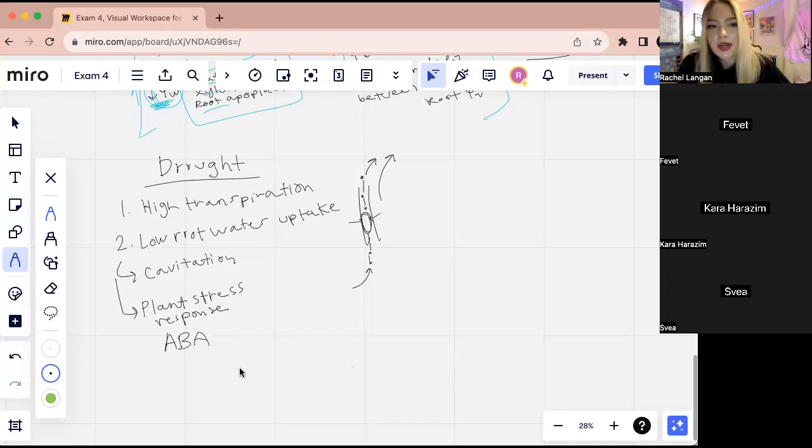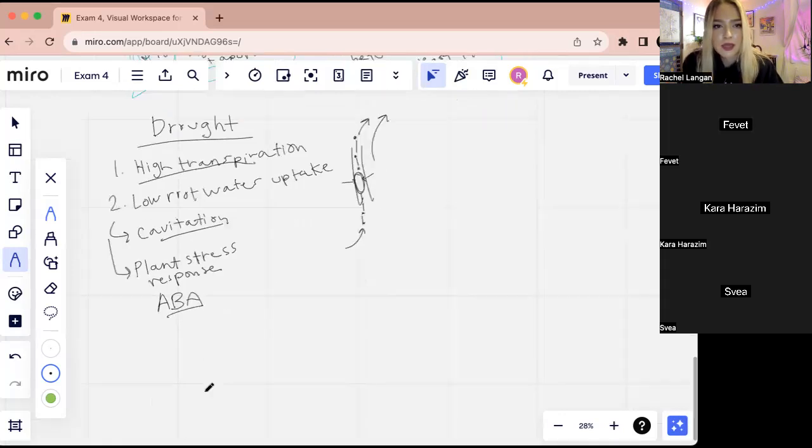And ABA is going to travel up to the guard cells and cause the guard cells to close stomates. So this is a drought response because we can see that this high transpiration is causing problems for the plant, like cavitation. And this ABA response tries to reduce transpiration and prevent some of those things like cavitation from making the plant die.